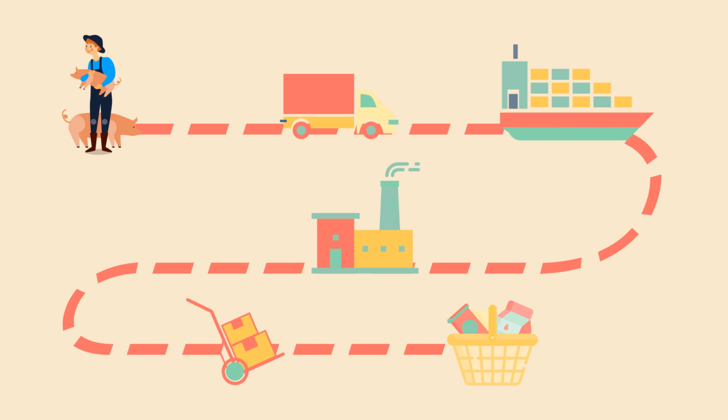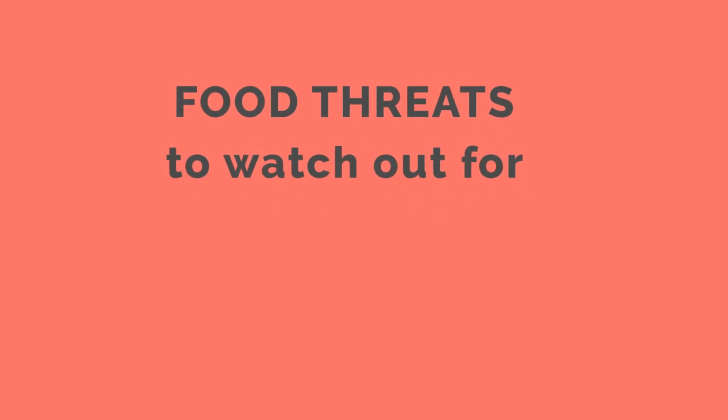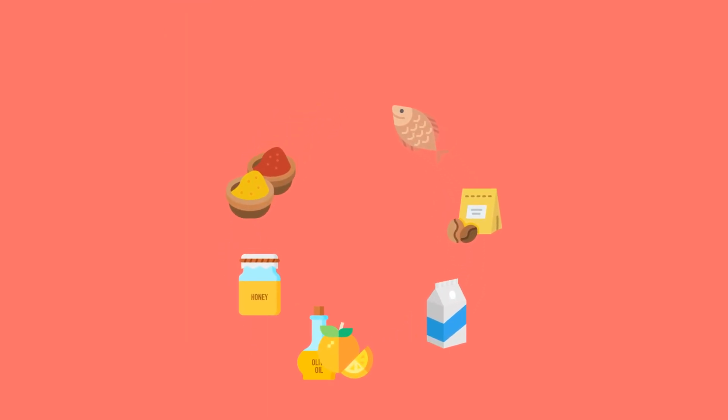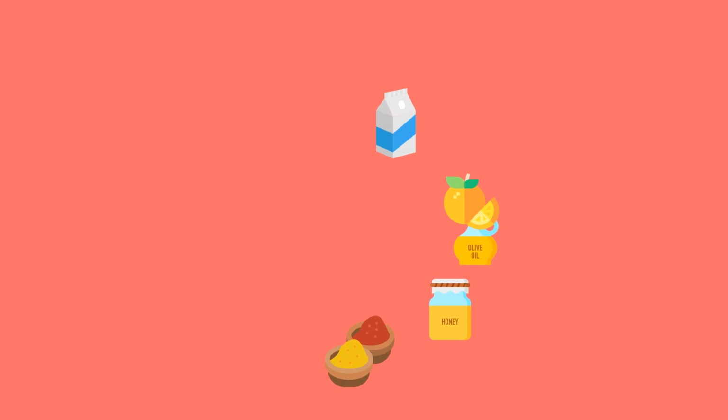Now you might be asking yourself, what kind of food fraud or food threats should we be on the lookout for? Let's have a quick discussion about raw materials and threats to them. Some examples of the most fraudulently seen raw materials are olive oil, honey, spices, fish, coffee, milk, and orange juice.